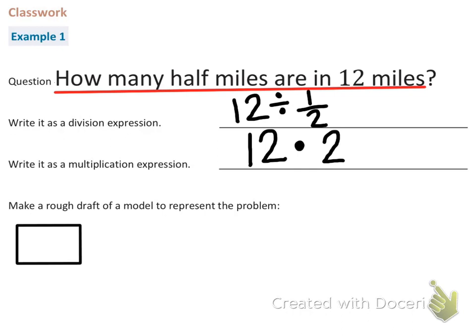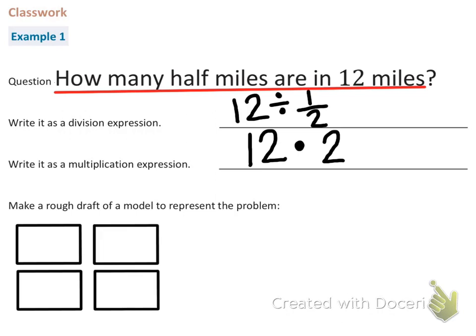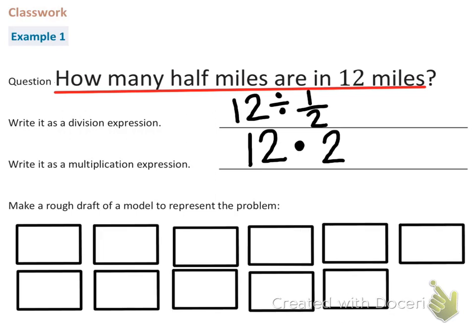I'm going to draw 12 equal units, 1, 2, 3, 4, 5, and I'm going to keep going until I have 12 equal parts. So I'm going to do 12 divided by 1/2. I'm going to split them all in half, because I'm dividing by a half.